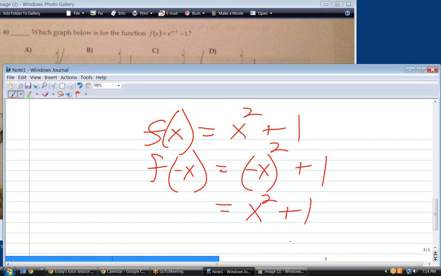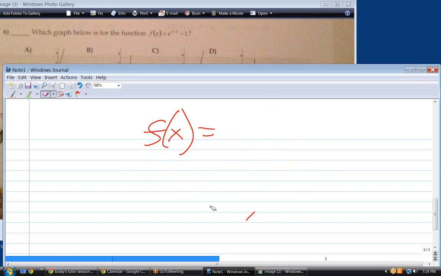In other words, this is an even function, so that f of minus x is the same as f of x. But if my original function is e to the x, and I am looking at a function that now says e to the x minus 2, how would I get that?